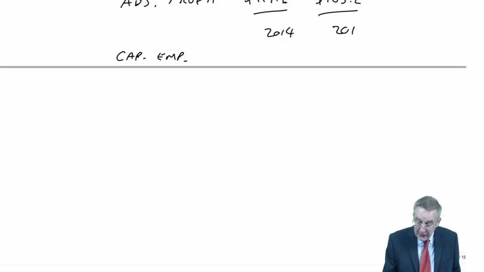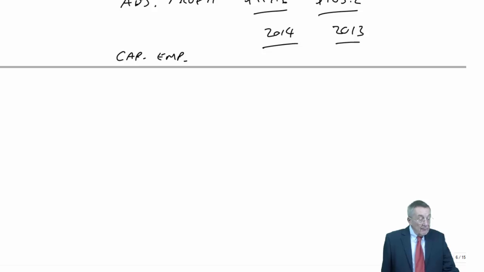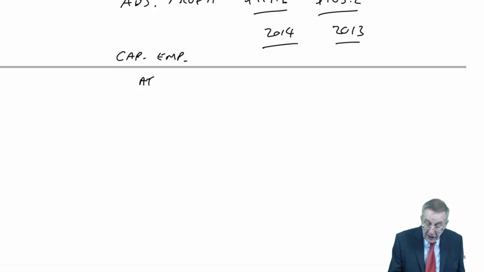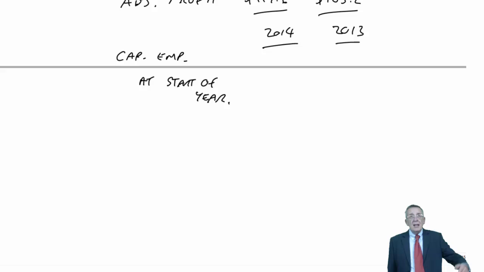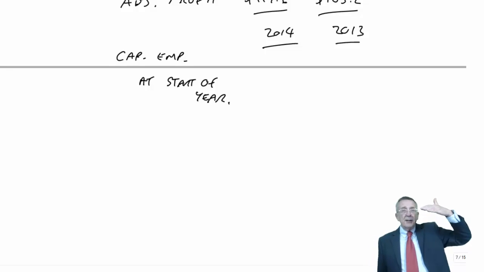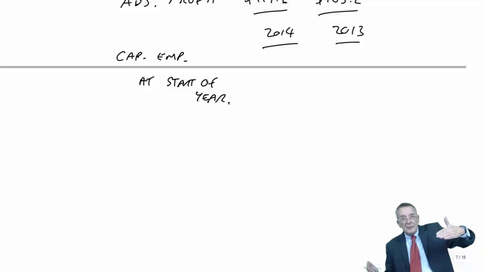2014, 2013. Always we take the capital employed at the start of the year, because we make an assumption that whatever assets there were at the start of the year earned the profit for the year.